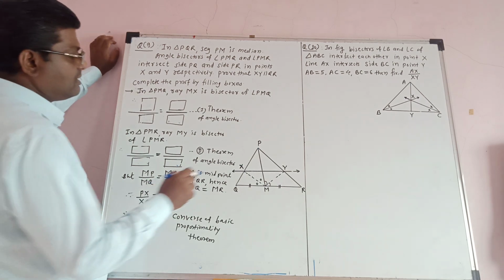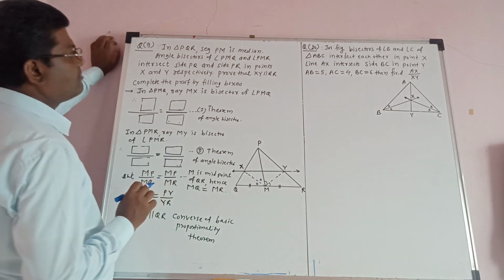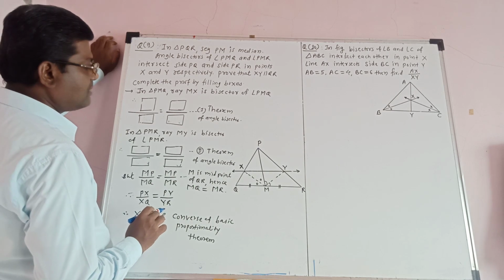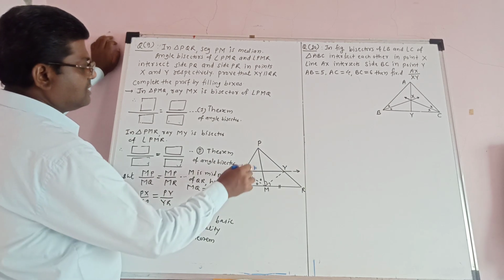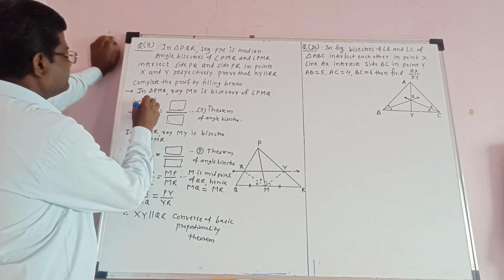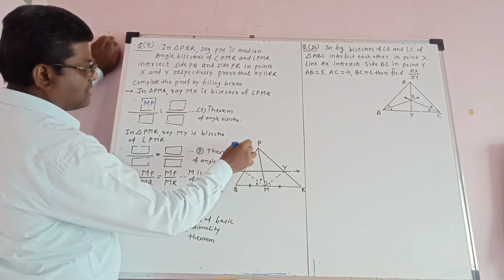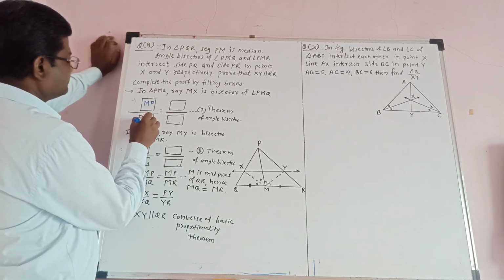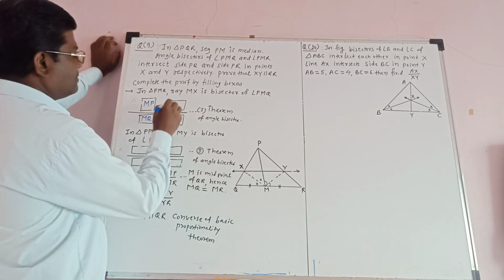Now in triangle PMQ, MX is the bisector of angle PMQ. Therefore we apply the angle bisector property, that is MP upon MQ is equal to PX upon XQ.